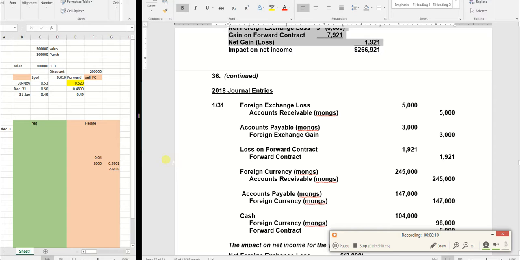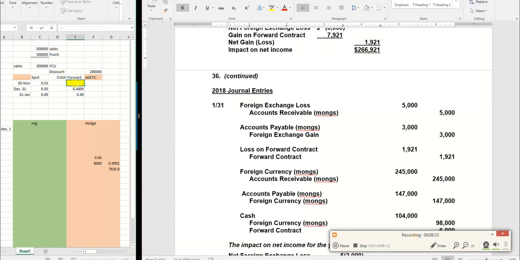Now I'm going to go over to my forward contract, and again I'm going to take the whole entire difference instead of the 1 month in case it flips, and in this case it went down then back up, so it does flip directions. It doesn't necessarily flip it from an asset to a liability. So first of all I'm going to say, okay, well I could sell it for 0.52.